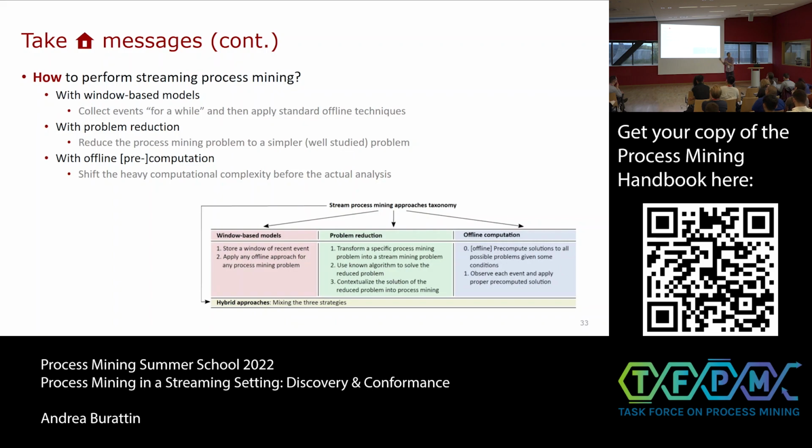And how to perform it? I hope that I gave you a bit of a framework of the techniques. We have three main strategies: window-based models; problem reduction, so taking a problem already solved in the stream mining community and trying to rephrase our process mining problem in terms of the data streaming problem; or offline computation, meaning trying to squeeze as much computation as possible offline by doing some caching or processing of the elements before the actual observation window starts.